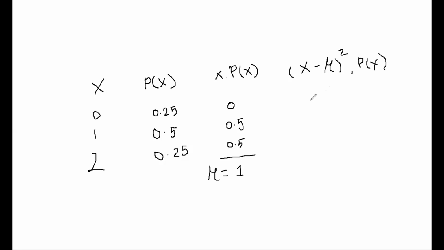Then you square it, and it becomes 1. And then you multiply it with the probabilities. 1 times 0.25, which becomes 0.25.